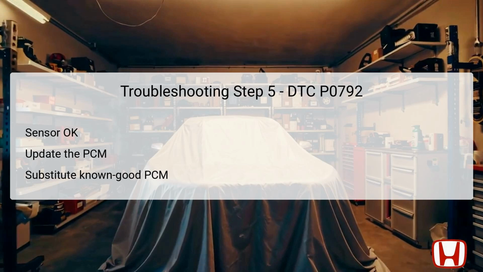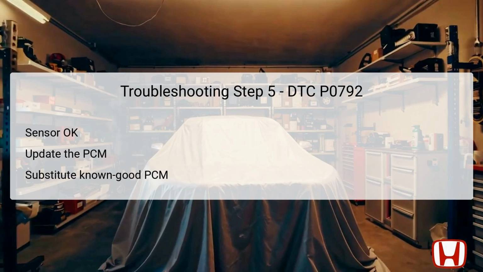An outdated PCM can lead to incorrect operational parameters being implemented, which might mimic faults in the electrical circuitry. Updating the PCM ensures that all necessary patches and updates are applied, optimizing its performance. If the DTC P0792 disappears post-update, the troubleshooting process is considered complete, confirming that the previous code was due to software discrepancies.